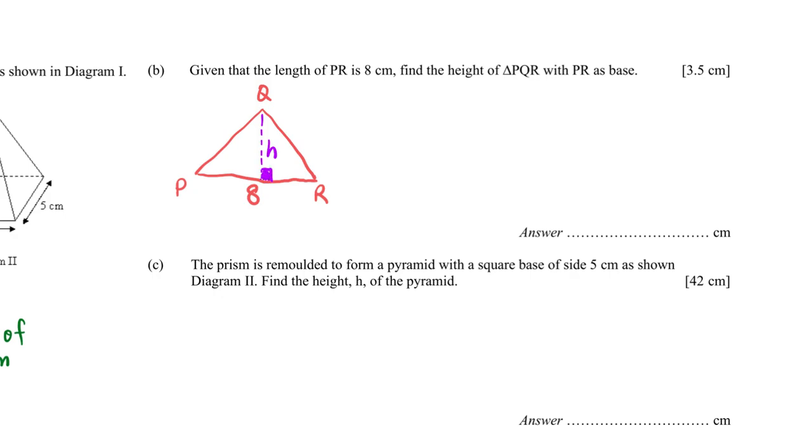So I got the area previously, 14 cm square. So therefore you would be able to get the half times base times height is equals to 14. That's the area of a triangle. So I can find my H easily, isn't it?